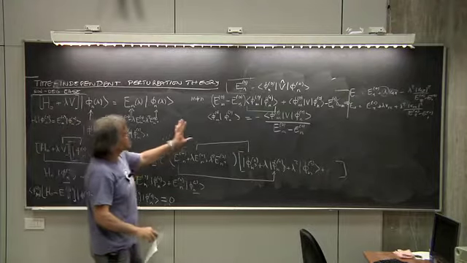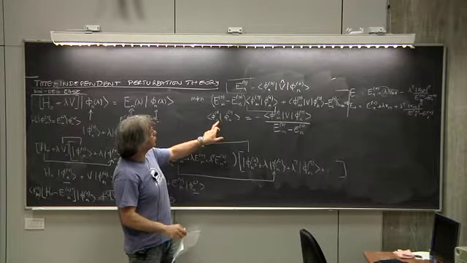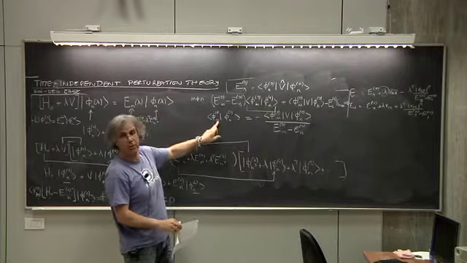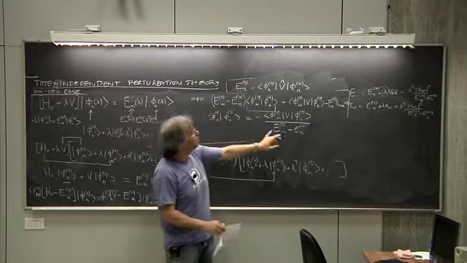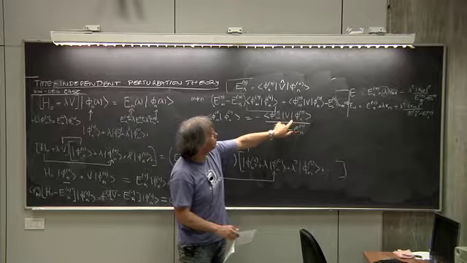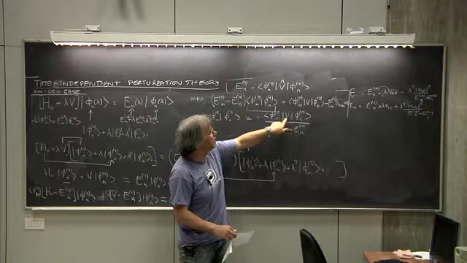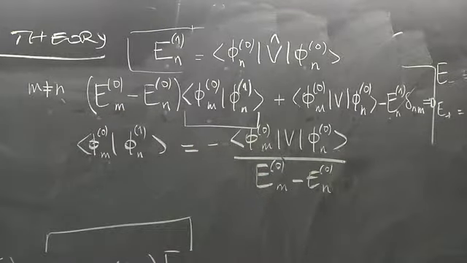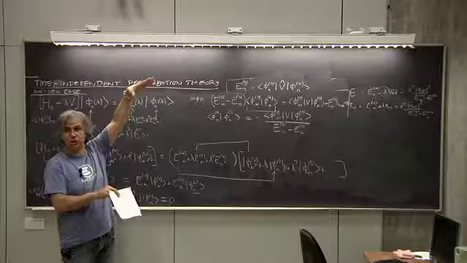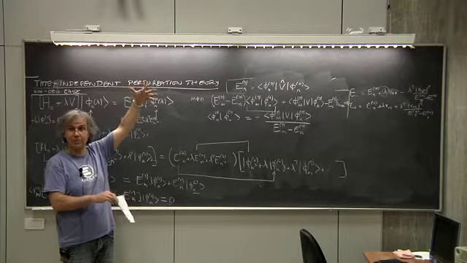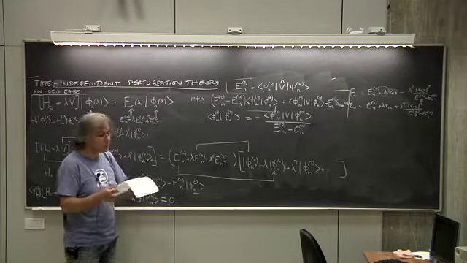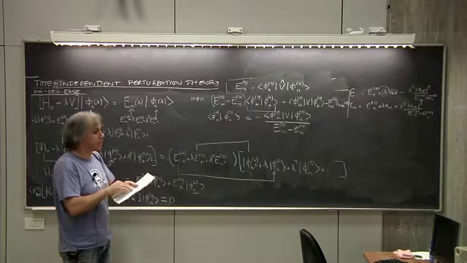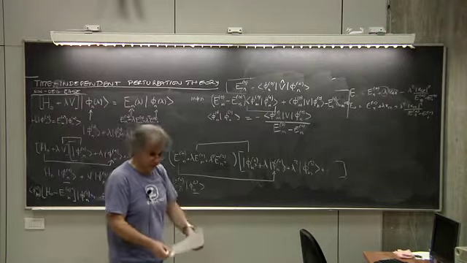So the eigenvector gets, in general, a projection on every possible state m, with a matrix element governing this projection, that is the matrix element of the V, divided by the energy difference between the two unperturbed eigenvalues, okay? So in general, the projection is going to be small on eigenvectors distant in energy, all right? Okay. So this is our first order perturbation theory result.